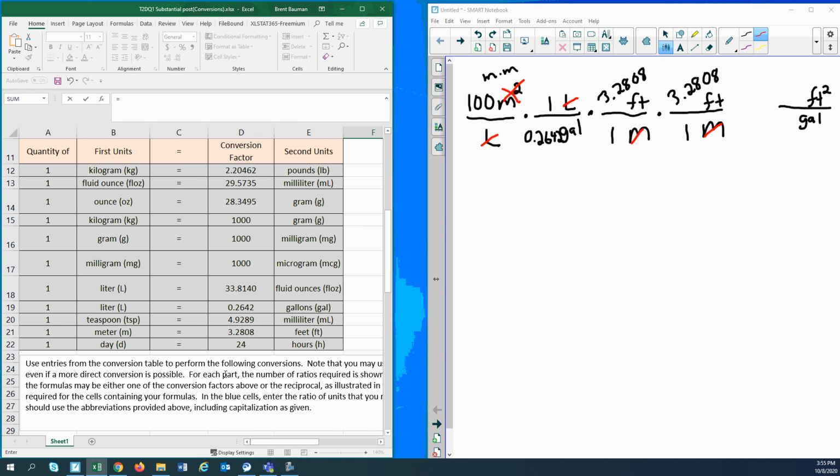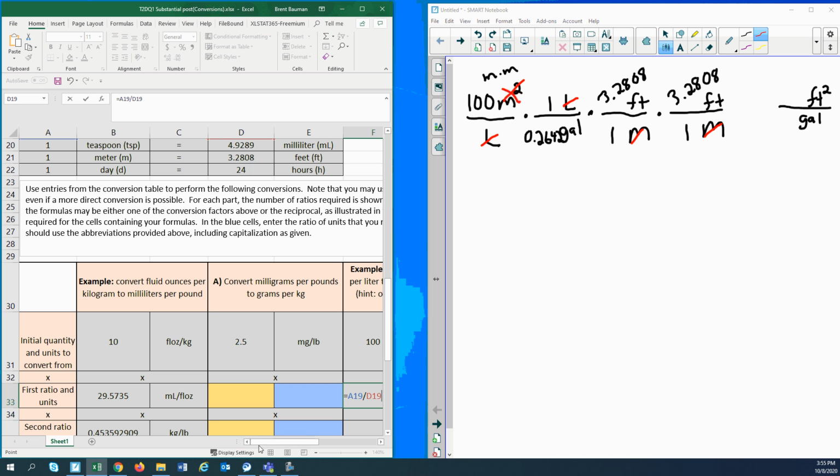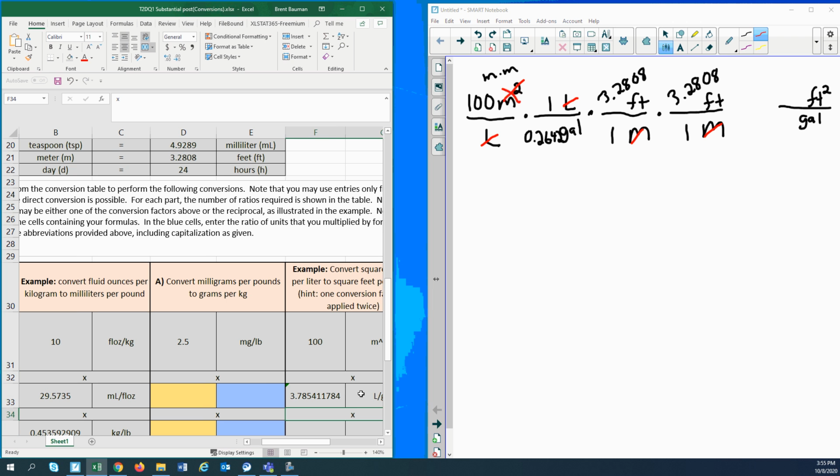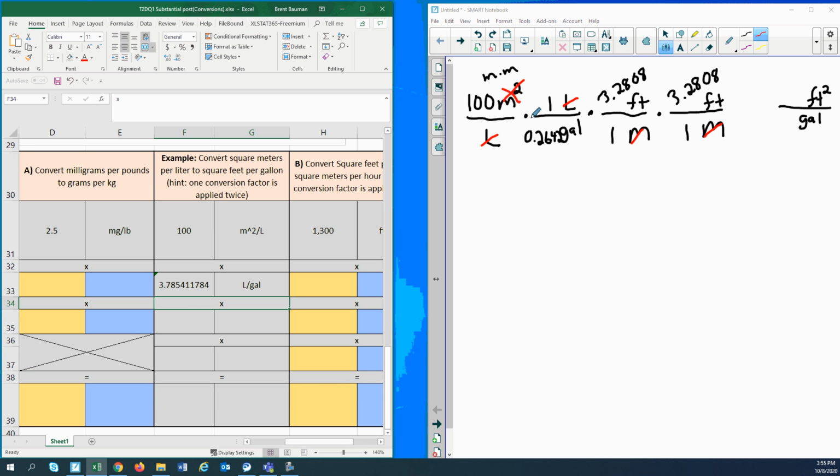So we had 1 liter per gallon. So I had 1 liter divided by my gallon. Scroll back down and make sure that it entered correctly. Hit enter. Okay, so 1 divided by 0.2642 is really 3.78. So you see how our division's there. And that's our liters per gallon.